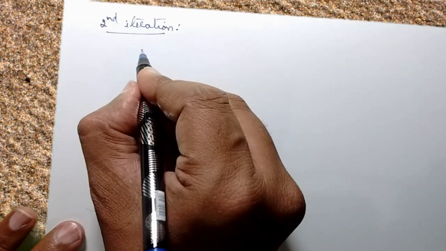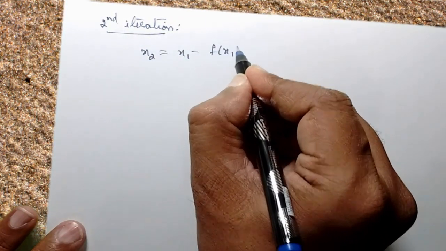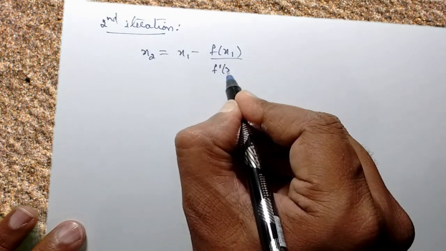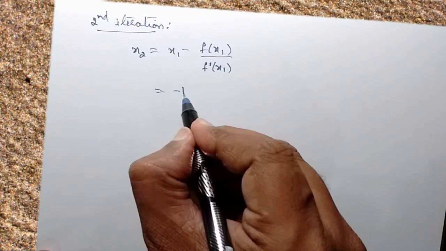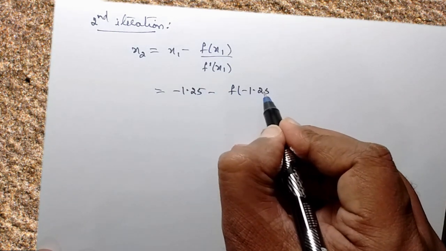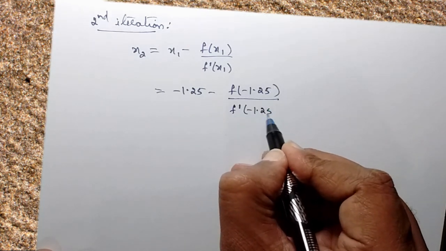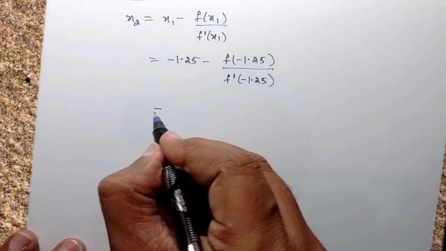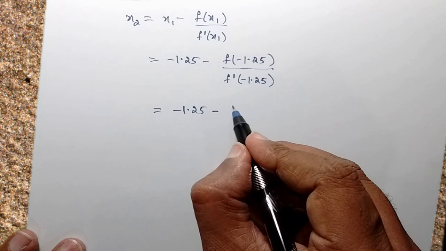Second iteration, the formula will be x2 equals x1 minus f of x1 divided by f dash of x1. But what is the value of x1 we have got? Minus 1.25. So minus 1.25 minus f of minus 1.25 divided by f dash of minus 1.25, which will be equal to minus 1.25 minus f of x value.